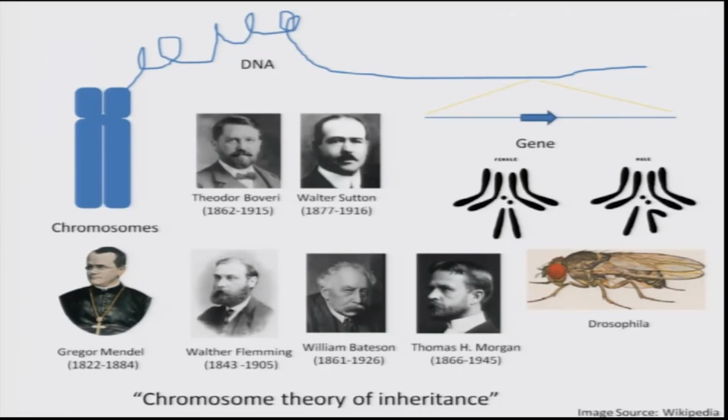But now certainly the chromosomes are the basic material, and these people that you see on the screen are the major contributors. There are many others whom I did not discuss, but these people are the major contributors to our understanding of how the chromosomes contribute to your phenotype that goes from one generation to the other. So, that is a major contribution.